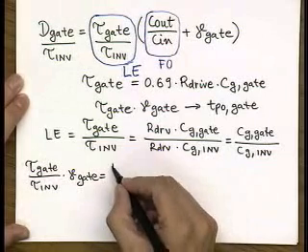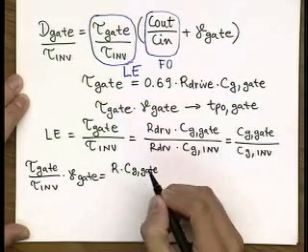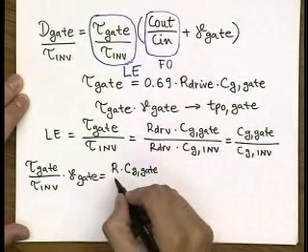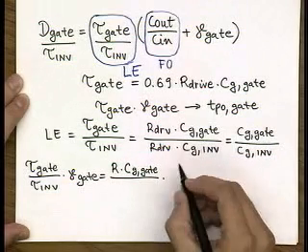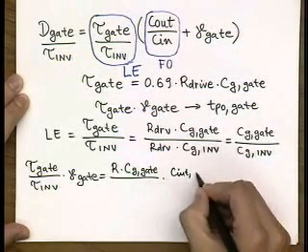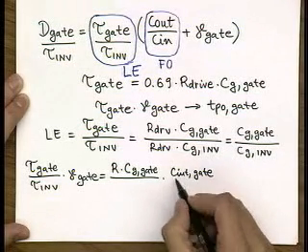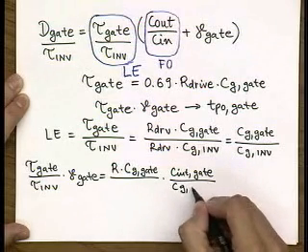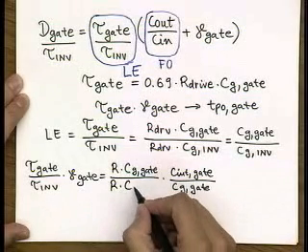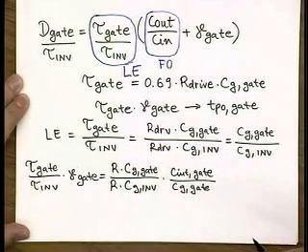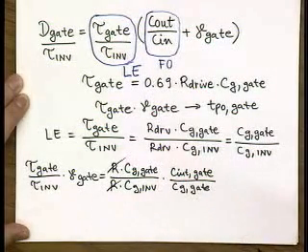Tau gate is equal to R times gate capacitance of this gate, and gamma gate is equal to intrinsic capacitance of a gate divided by gate capacitance of a gate. And tau inverter is R times CG inverter. R goes away.